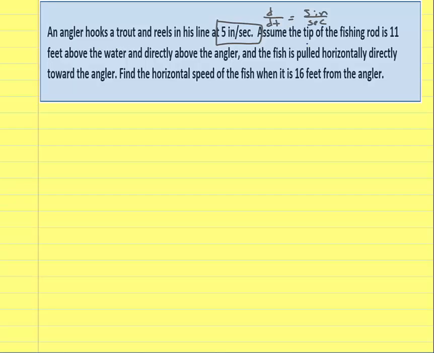Assume the tip of the fishing rod is 11 feet above the water and directly above the angler. So we have this person fishing. And again, I'm not a great artist here. And the fishing pole is straight above their head. And the total height from here to the water, above his head, is 11 feet. So this isn't changing.